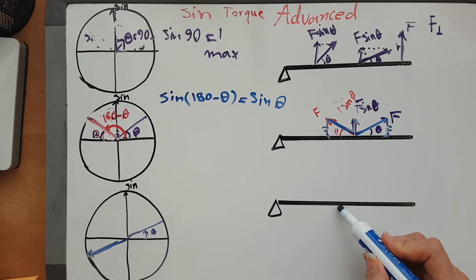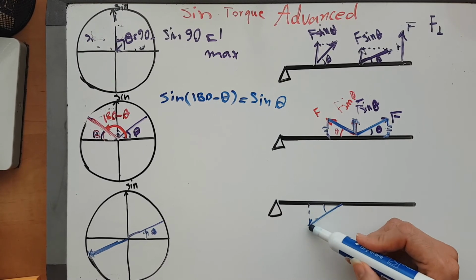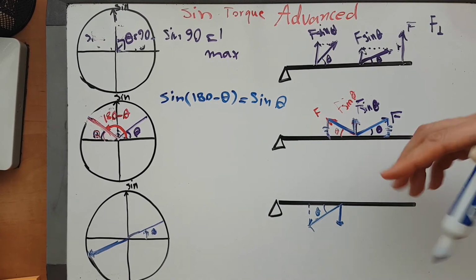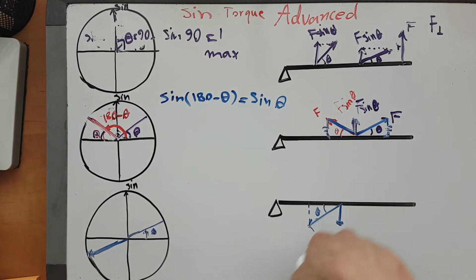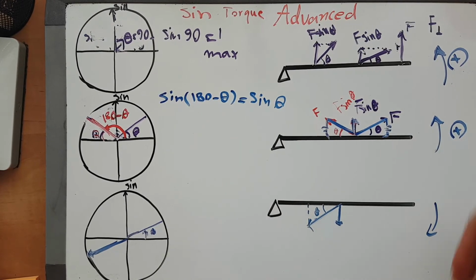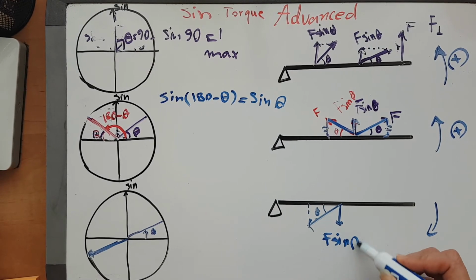Imagine that my force is applied like this. If this is my theta, I know this is the component that causes the torque, and definitely in the opposite direction. In all of these the rotation is this way, and in this one the rotation is the other way, because the F sine theta is here.